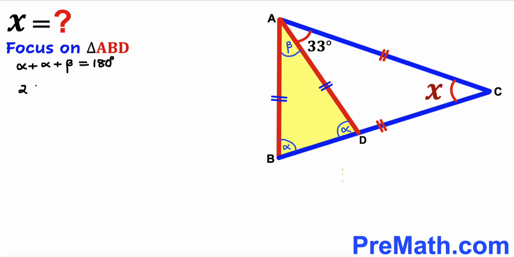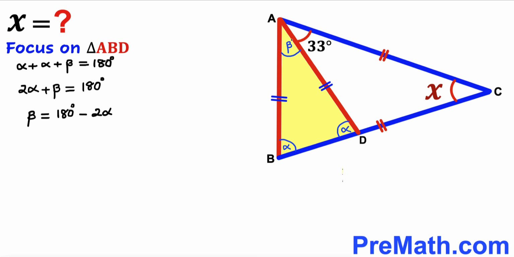So we got 2 times alpha plus beta must be equal to 180 degrees. And now I'm going to move this 2 times alpha on the other side to isolate angle beta. So therefore our angle beta must be equal to 180 degrees minus 2 times alpha.